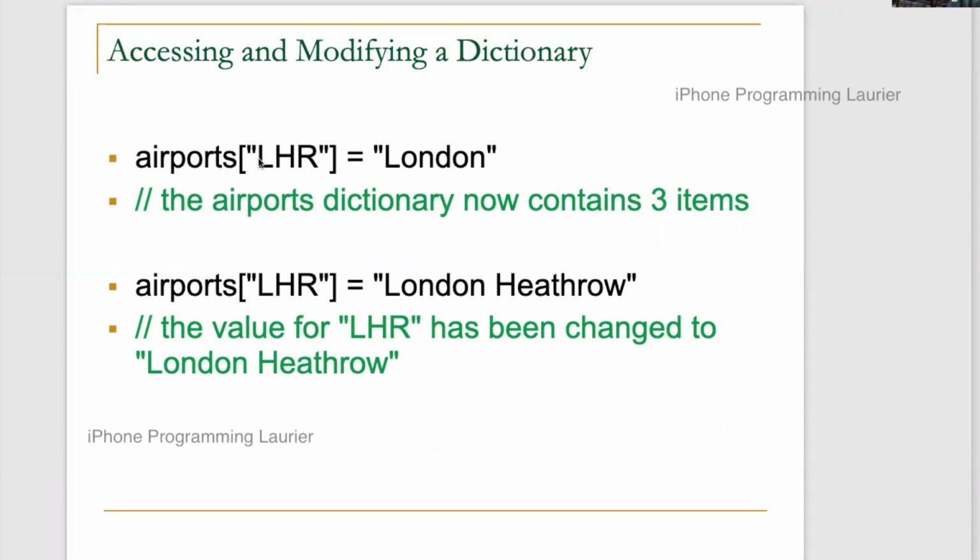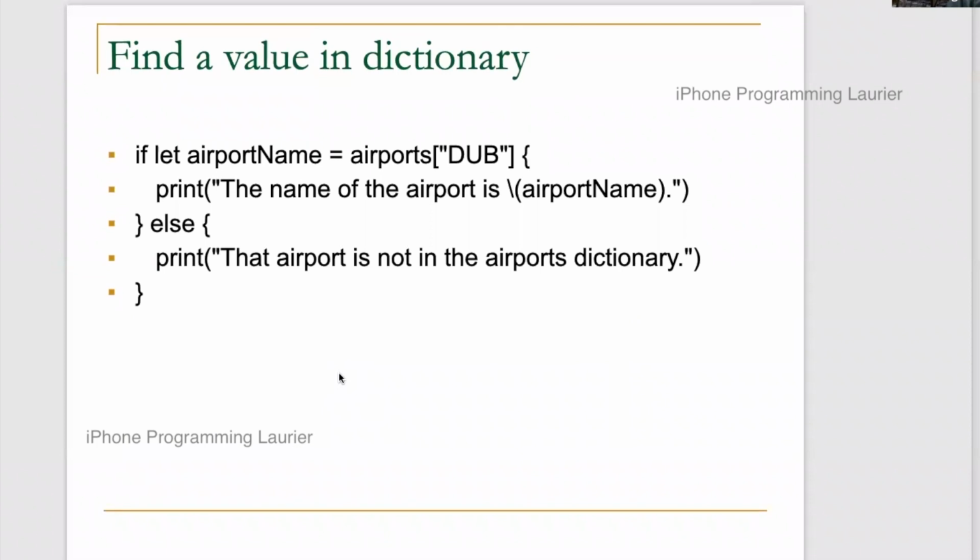So here I add an item which has the key LHR and the value is London. I can access the key to change the value. I can find the value given the key. So here I'm looking for the key DUB. If it is there, I want to print out the name of the airport. If not, I want to say the airport is not in the dictionary.